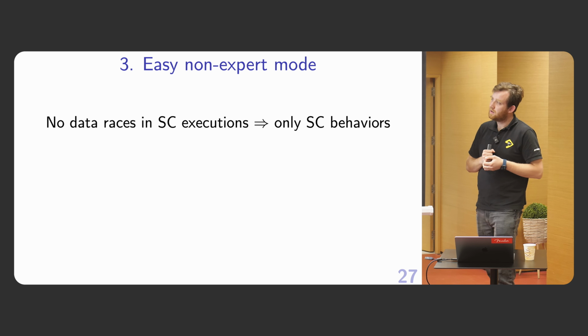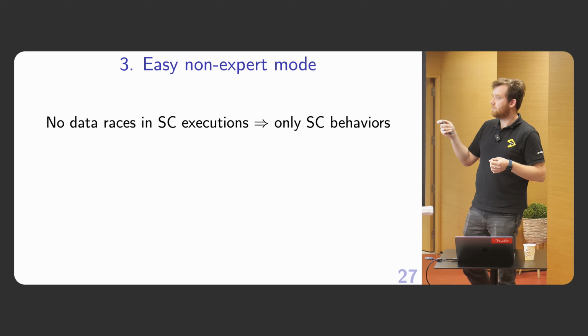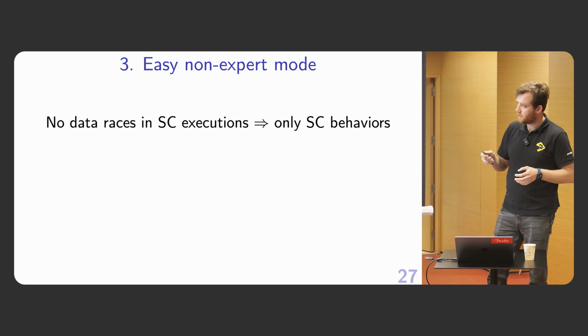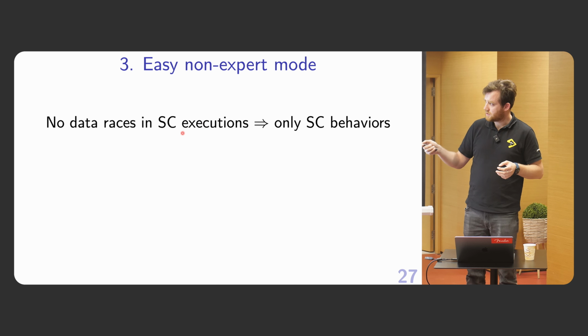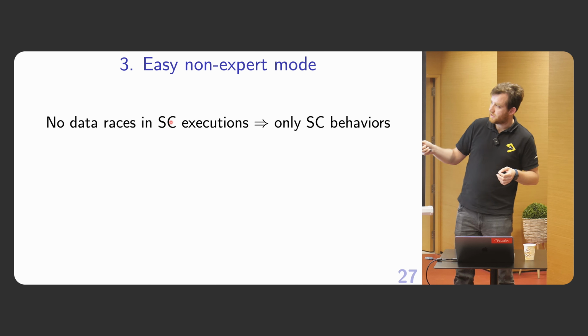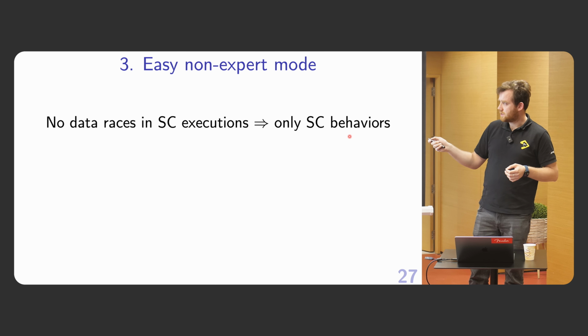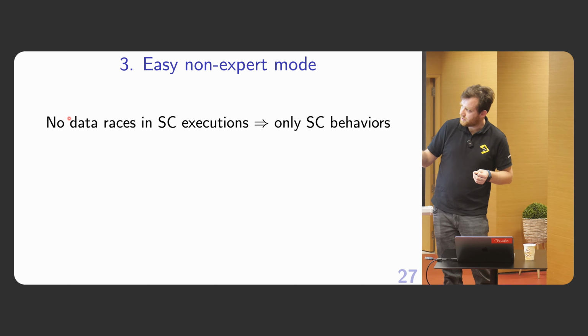Ideally, what we would like to have from the memory model is an even stronger claim: that if there are no data races in sequential consistency executions, meaning data races in terms of sequential consistency, then there are only sequentially consistent behaviors. So what does it mean for an execution in sequential consistency to not have data races?